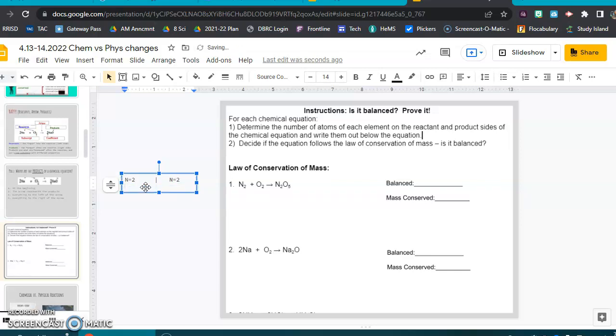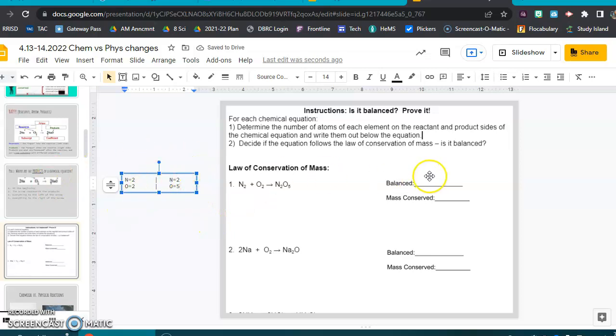All right, so let's do the oxygens. Oxygen equals, and on this side the little subscript here says 2. We're going to put a little symbol there so we don't get confused. And on this side I have oxygen and it equals 5. So here's what I'm saying.